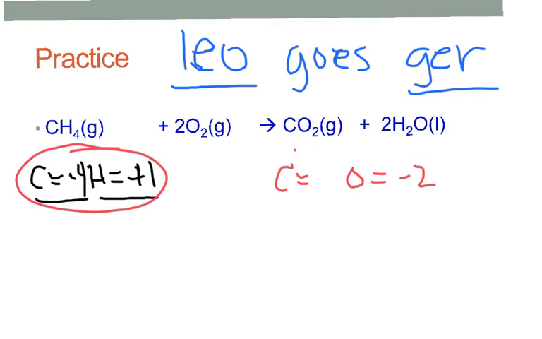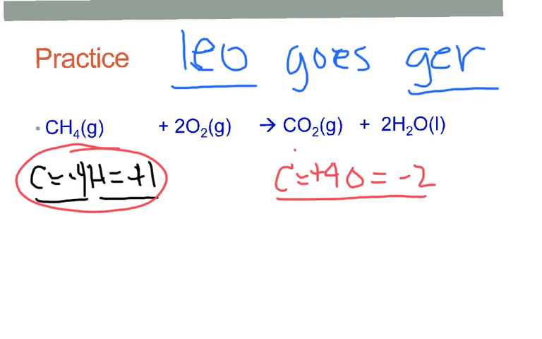There are 2 oxygens. We know that this has to overall sum to 0. The algebraic sum has to be 0. And so carbon is going to have a +4 oxidation number in the products. So if carbon has a +4 in the products, it has a -4 in the reactants.